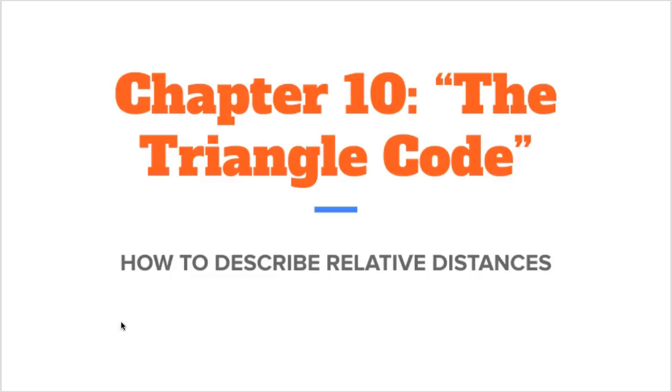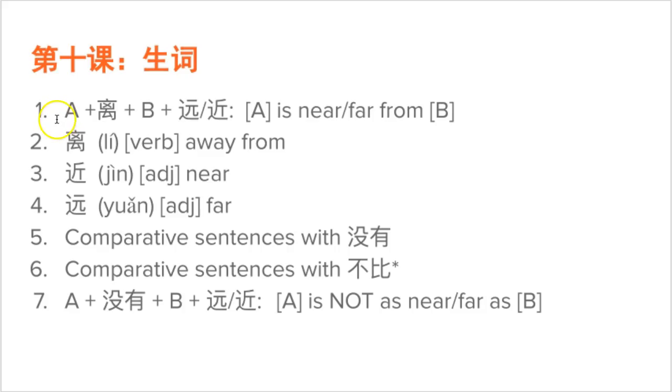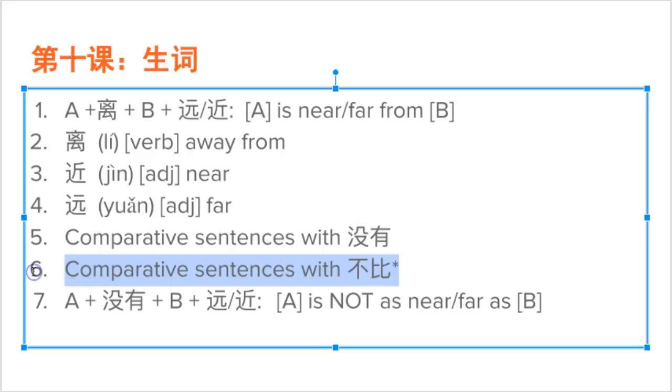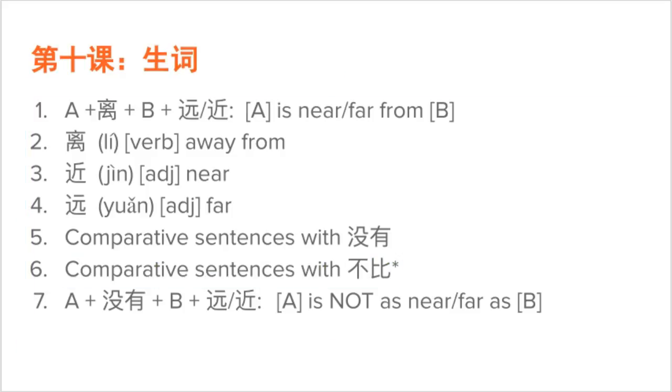在第10课，我们的语法点是 A 离 B 远还是 A 离 B 近？离近远，还有我们的comparative sentences with 没有语法点。So like the kind of negation of A 比 B 的时候，我用 say A 没有 or A 不比 something something something。像 A 没有 B 远，或者 A 没有 B 近。Okay, so because again we're going to cover a couple important grammar structures, this is going to be a longer video.